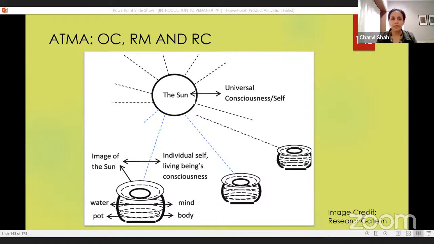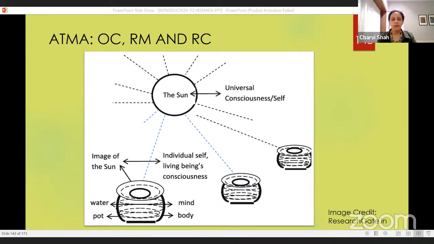The mind, which is the surface of the water in the tub, that mind is the reflecting medium. The reflection of the sun in the tub, that is the reflected Ananda. Remember, original consciousness, reflecting medium, and reflected consciousness. Now we just have to look at it as original Ananda. The reflecting medium is again the mind only, and the reflected consciousness, for this example, we are taking as reflected Ananda.